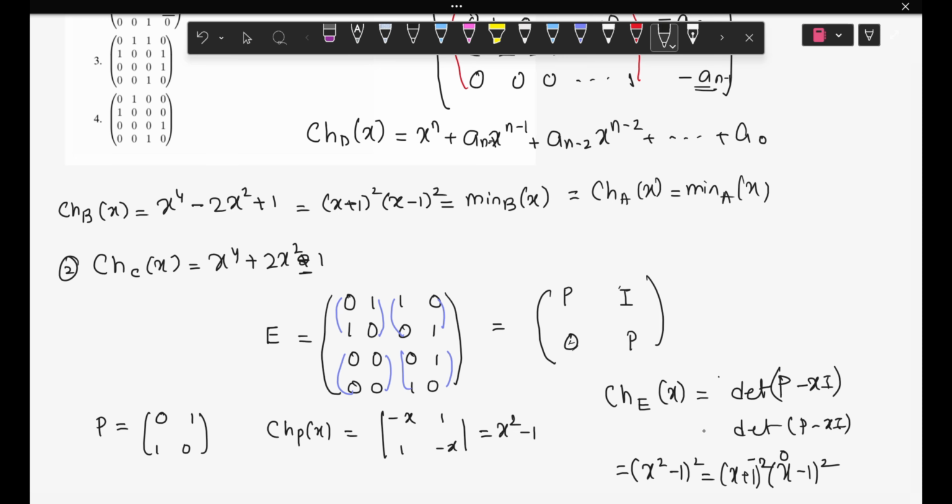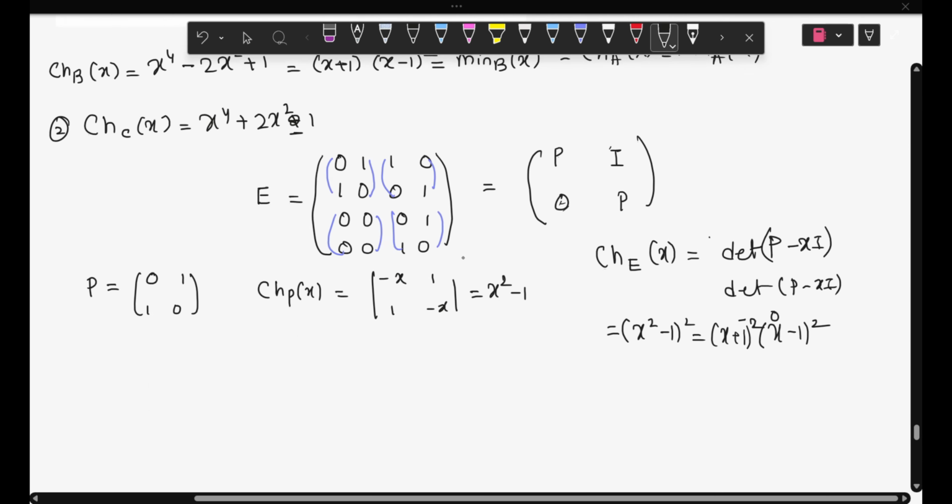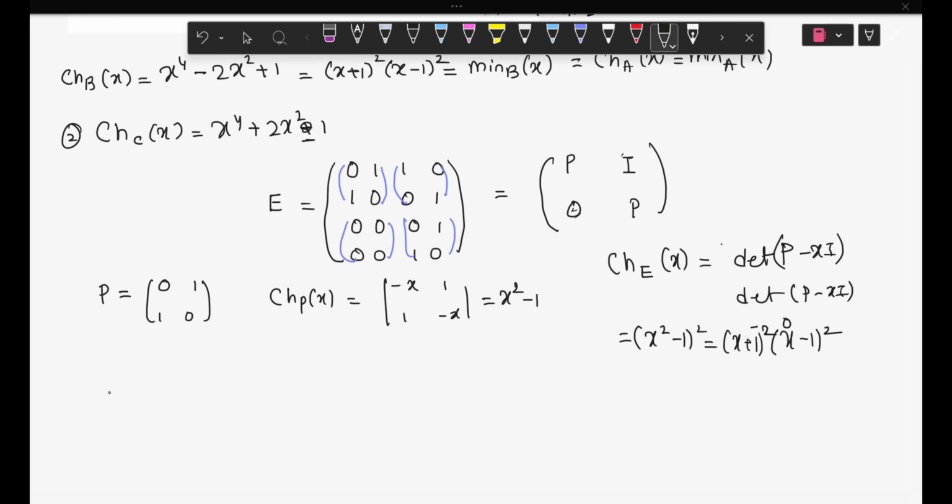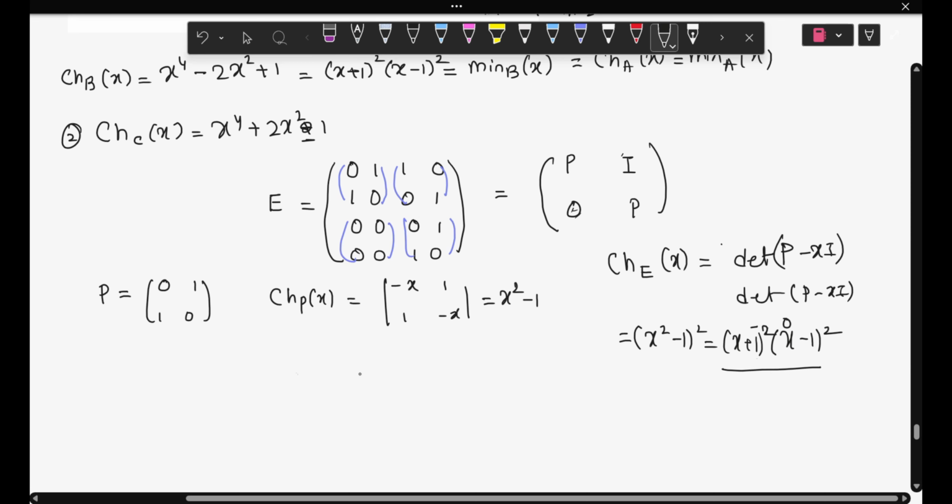But now, if this matrix E has the same minimal polynomial as the minimal polynomial of A, then I can say this matrix is similar to the matrix A. So for that purpose, I will have to calculate the minimal polynomial of the matrix E. Now, again, I'll do it by the block matrix method. The characteristic polynomial is (x plus 1) whole square and (x minus 1) whole square.